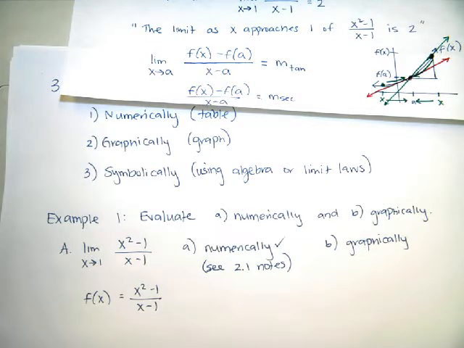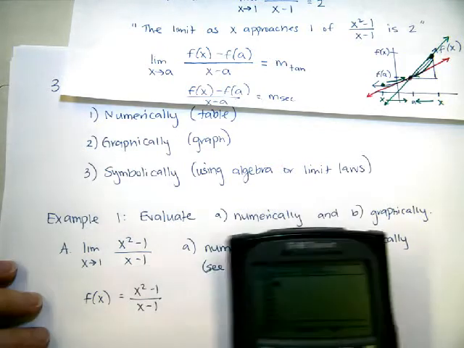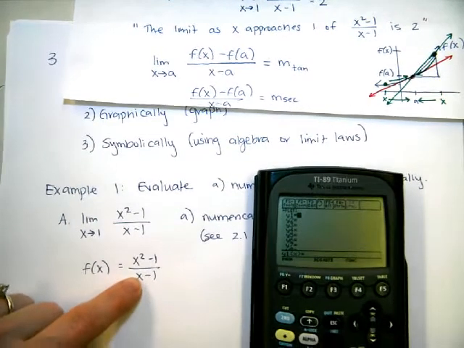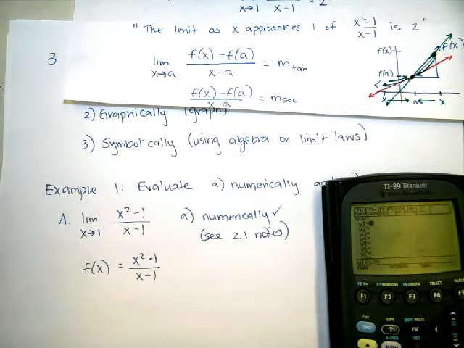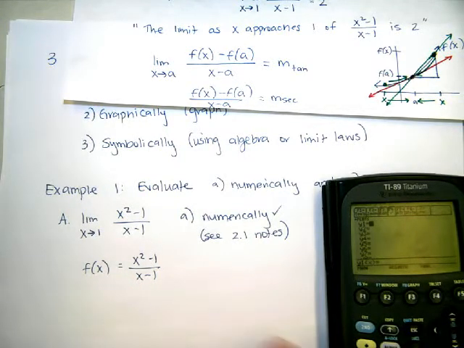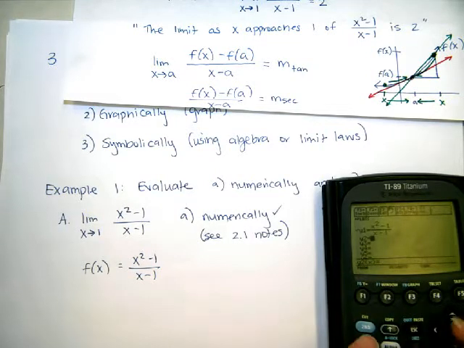I'm making mine the dimensions I want. We're going to type this function into our y equals and see what the graph looks like. Make sure that the x squared minus 1 and the x minus 1 are in parentheses. Enter. Looks good. I'm going to go to the graph.